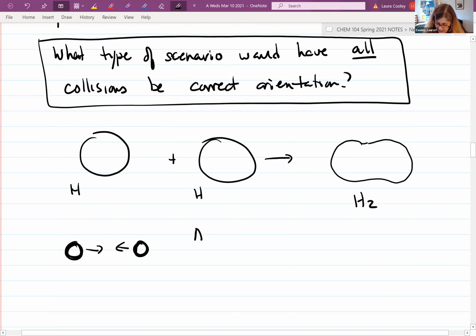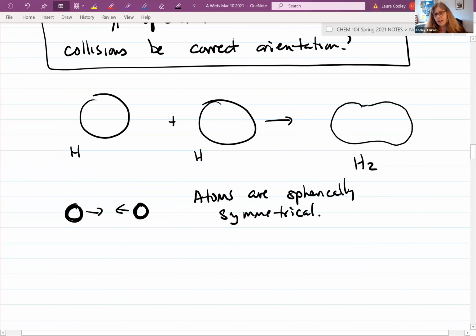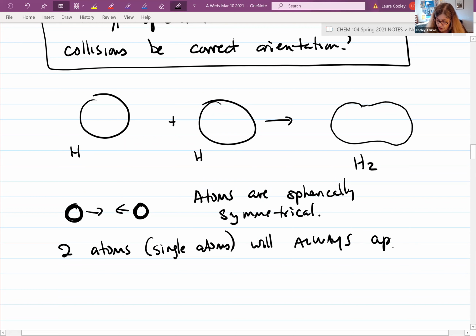Because atoms are spherically symmetrical. And it doesn't matter how two single atoms approach each other. All of those approaches are going to be the right orientation. Two single atoms will always approach each other in the correct orientation.